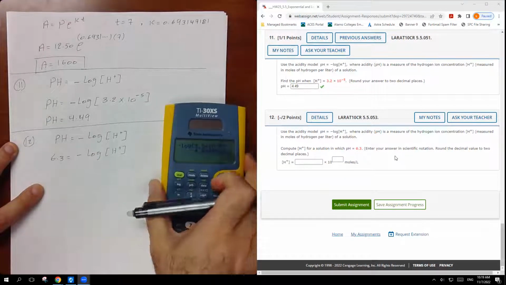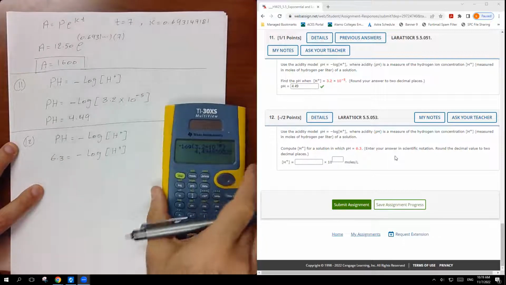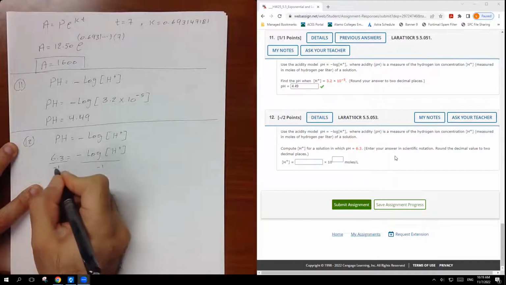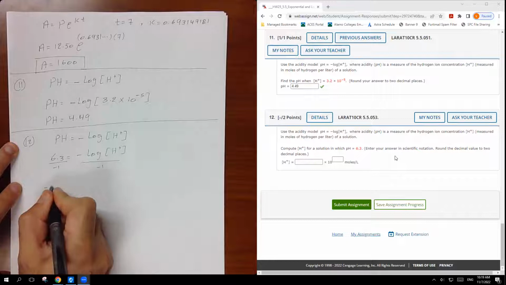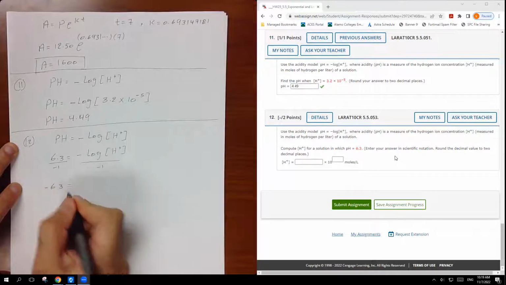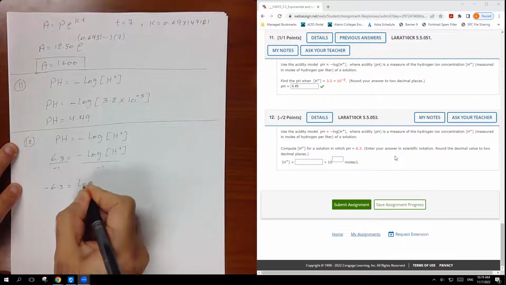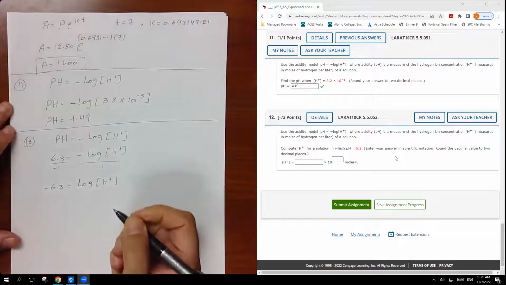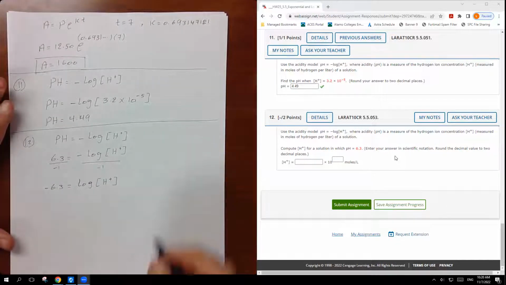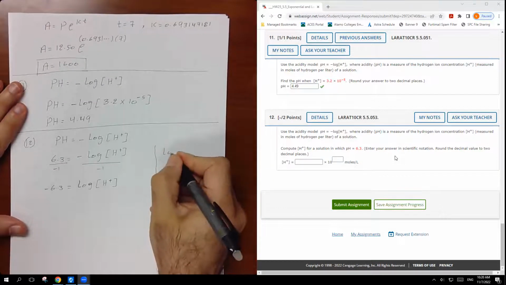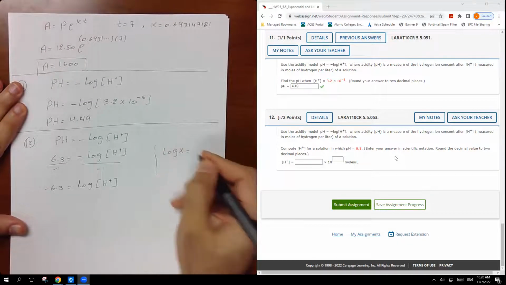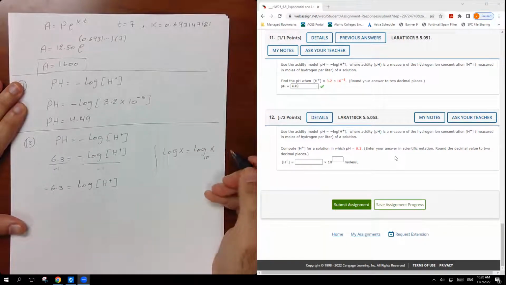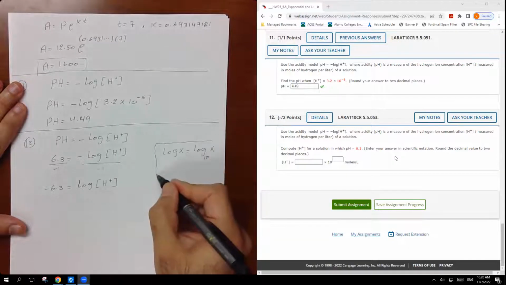You can't, because log is not a number, it's a function. So the first thing you're going to do is divide by -1 because you have a negative sign here. Divide this one by -1 and this one by -1. So it's going to be negative 6.3 equals log of H plus. Now, how are we going to solve this one? You remember that log by itself is the common log, a log to the base 10.